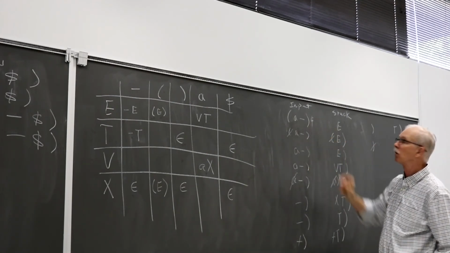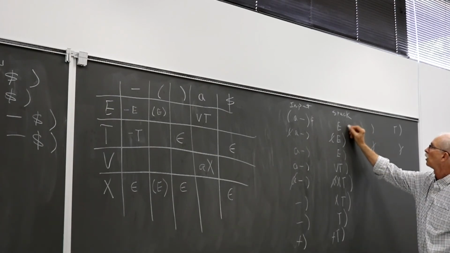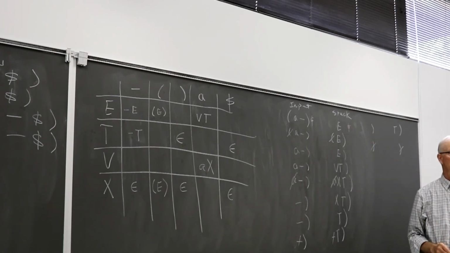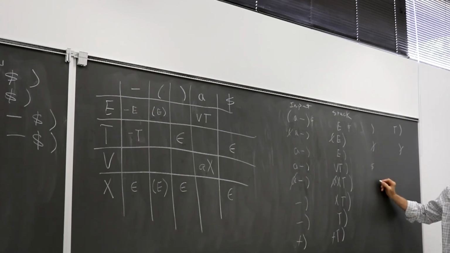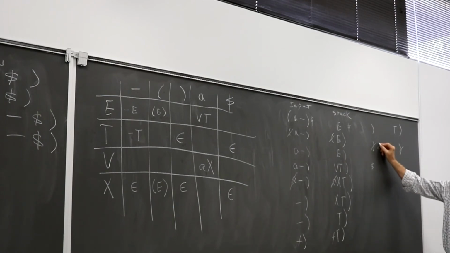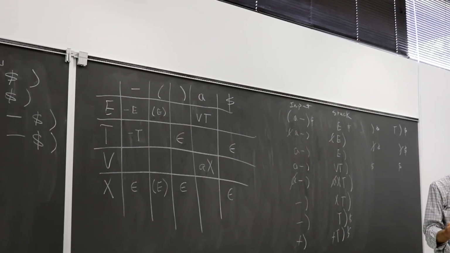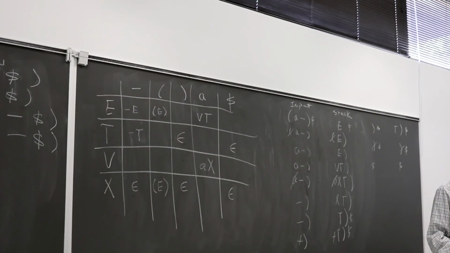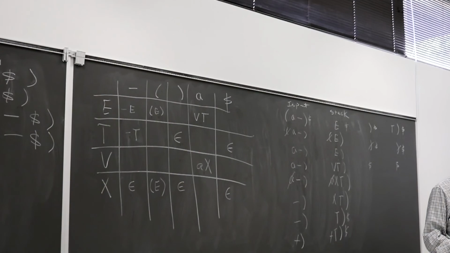I should have dollar marking the end of the input and dollar marking the bottom of the stack. So I'll end up with dollar the end of the input, dollar at the bottom of the stack. Essentially it says I've consumed all of the input, my stack is empty, it parsed. Make sense? I knew I could do it in 10 minutes.